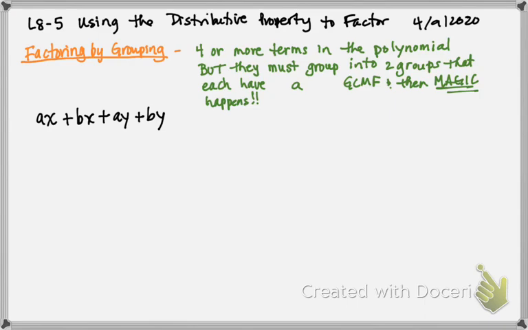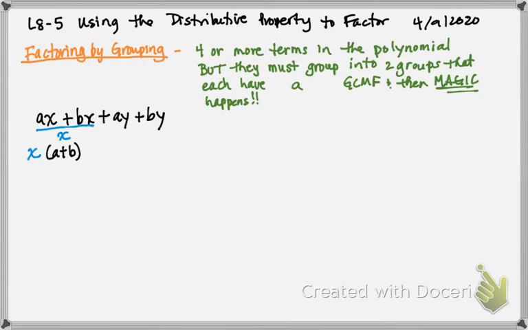Now, if I look at a problem and side by side I see something that is a GCMF for each one of those pairs, then I don't mess around with rearranging things. There's other times I do rearrange. Okay, so this is something just that we're going to play with. So these guys both have an x in common, so that's going to give me x times the quantity a plus b.